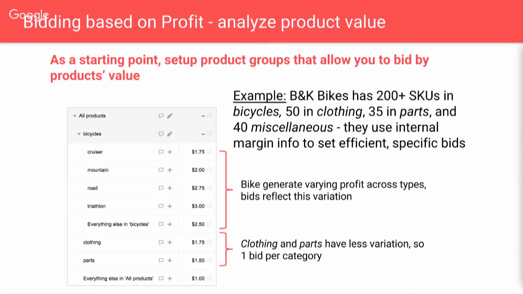Now, the bikes generate varying profits across different types, and the bids, as you can see, ranging from $3 to $1.75 reflect this variation. Now, clothing and parts have less variation, so only one bid per category makes more sense for them. And then finally, the everything else catches all of the miscellaneous products.